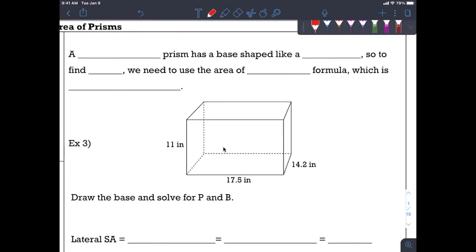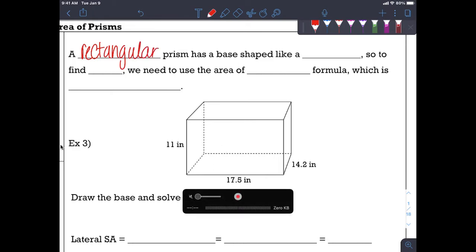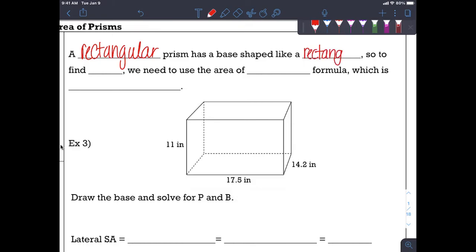Very similar, a rectangular prism has a base shaped like a rectangle. So to find the area of my base, I need to use the area of a rectangle formula, which is length times width.